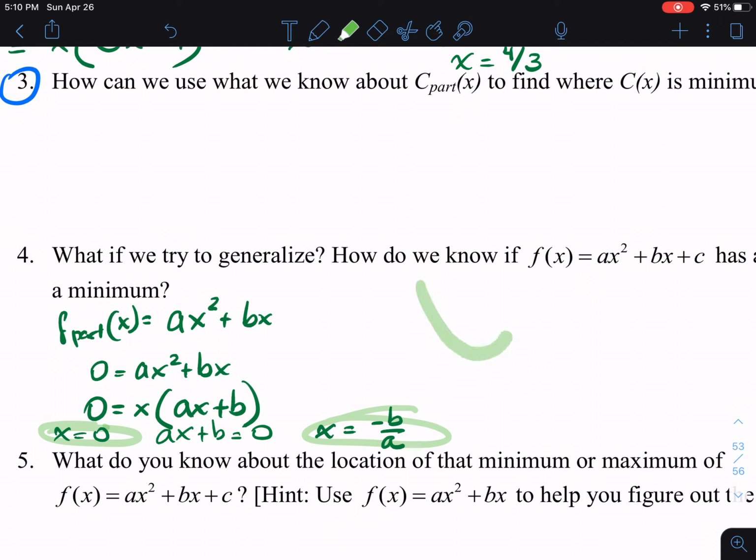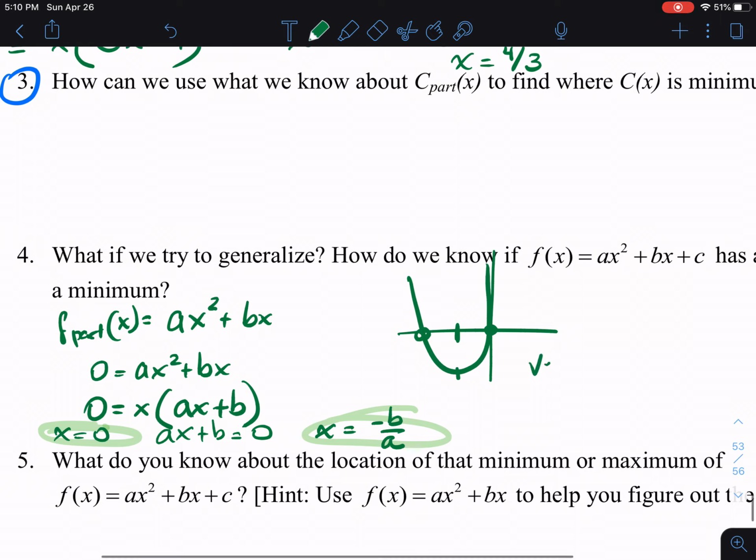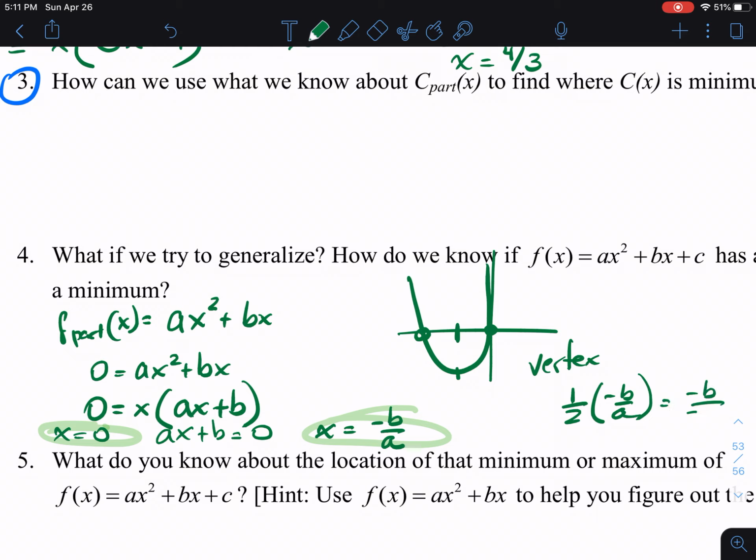If a function crosses the axis at 0 and minus b over a, then its vertex is going to be right in the middle. So for the vertex, wouldn't it be halfway to minus b over a, or minus b over 2a?